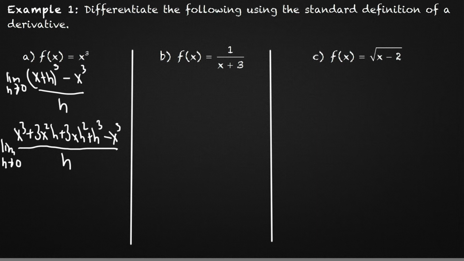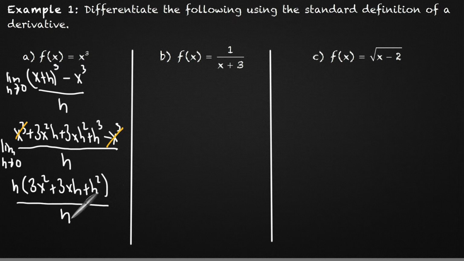Every time you do this, as you know from a previous video, all the terms that do not have an h are going to cancel. That's going to leave you with a bunch of terms from which you can factor out an h. So I'm going to factor out this h on the top, and that's going to give us 3x squared plus 3xh plus h squared over h.